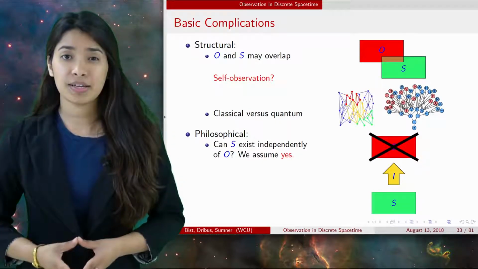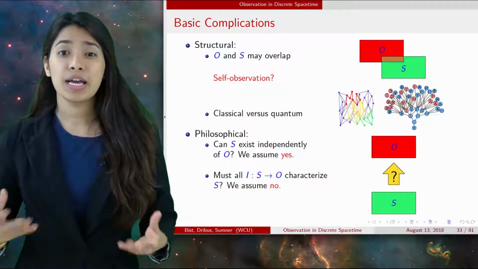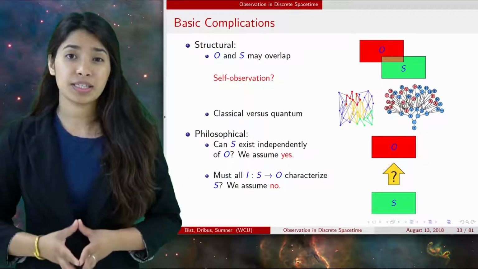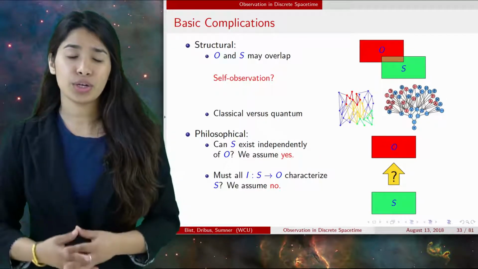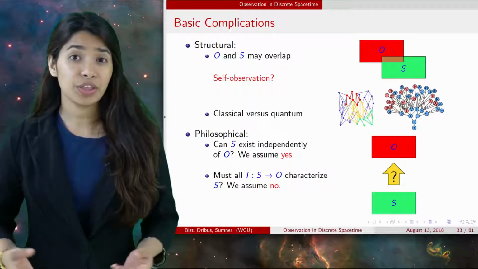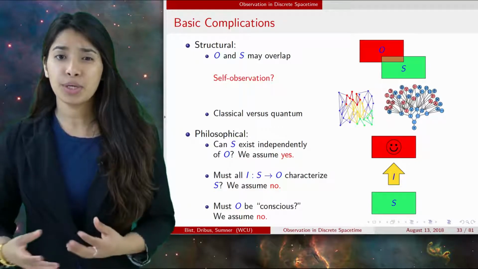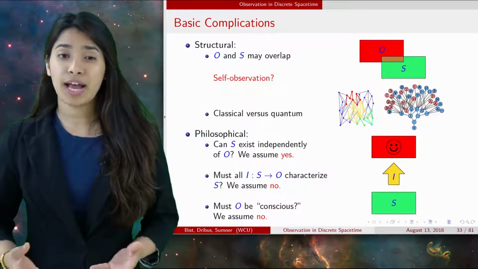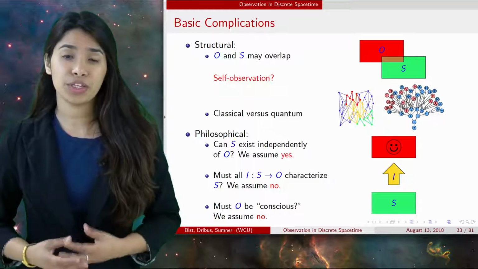We do not make such assumptions, nor do we assume that all the possible observations of a system necessarily characterize that system in its entirety. We allow the possibility of structural features that are not even completely accessible to observation, even in theory. Finally, we harbor no mystical or anthropomorphic ambitions, such as attempting to describe or explain the notion of consciousness or free will in an observational setting.